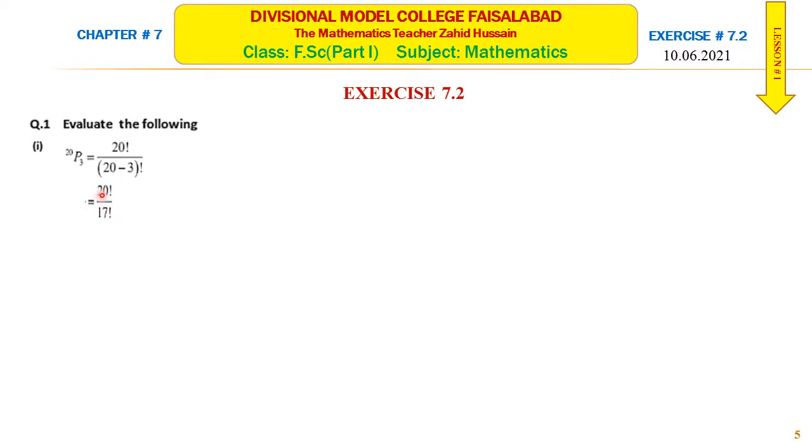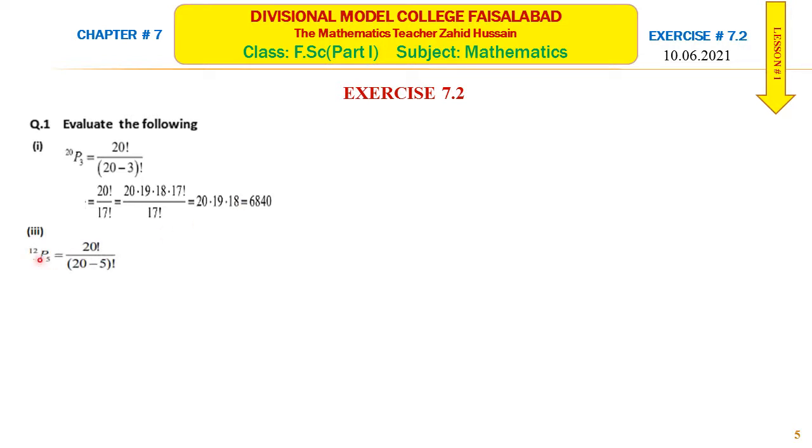Now write 20 factorial such that you stop at 17 factorial. So this is 20 into 19 into 18 into 17 factorial. In the denominator there is 17 factorial. This 17 factorial is cancelled with this 17 factorial, and we are left with 20 into 19 into 18. Multiplying 20, 19 into 18, we get 6840.